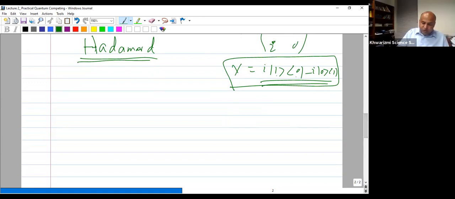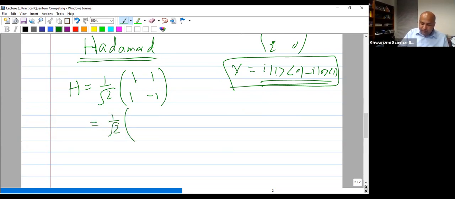So let's now go to the Hadamard gate. This is an extremely important gate: 1 over square root 2, times the matrix 1, 1, 1, minus 1. And you can now see that I can write it in bracket notation very quickly. There's a 1 at every place, so all four basic ket-bra products are going to be here.